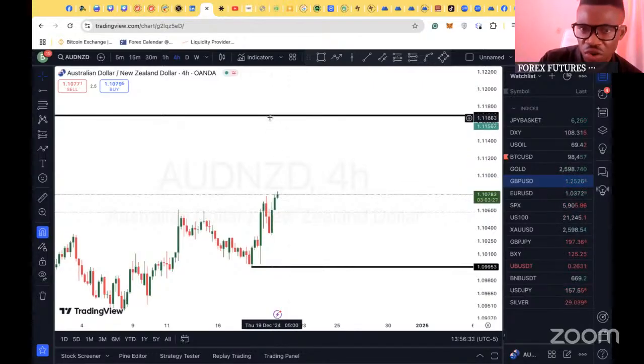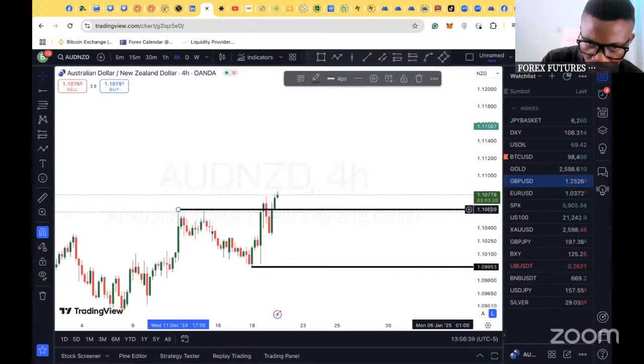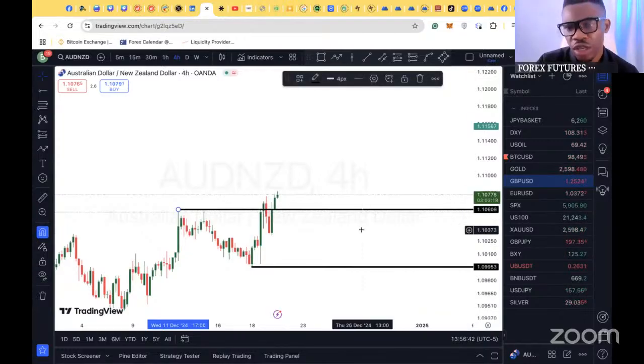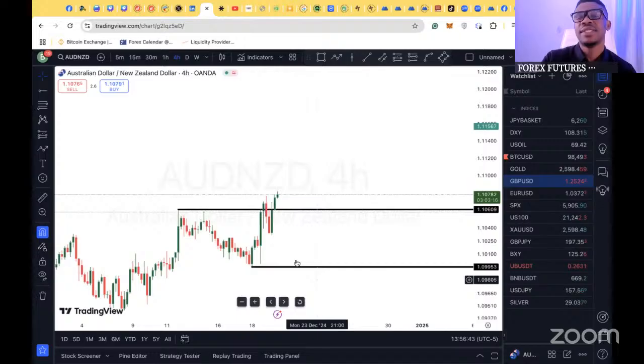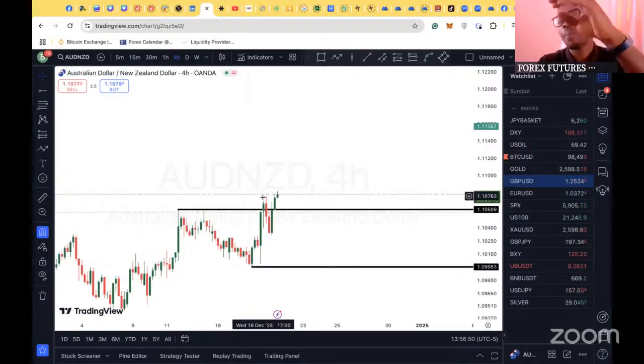In fact, instead of drawing this one, I would have preferred to draw this one. If you draw this one, it means that the price fell from the top to the bottom, went up from the bottom, and even overcame the top.